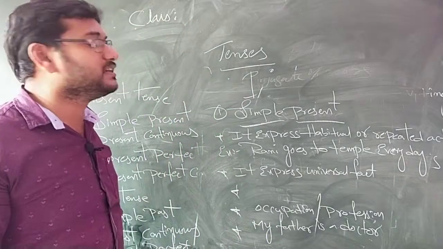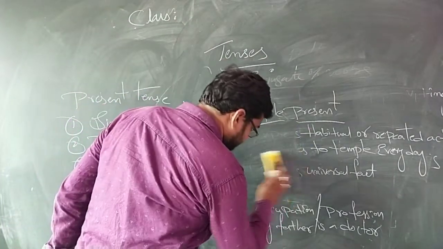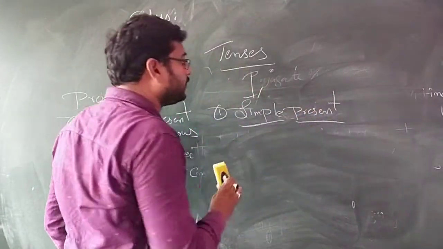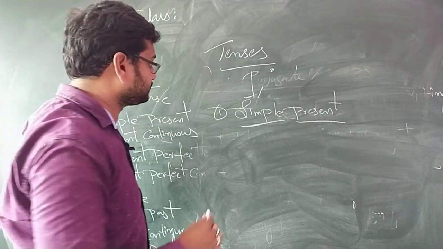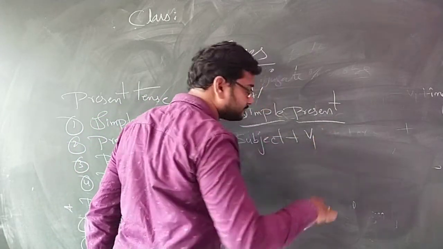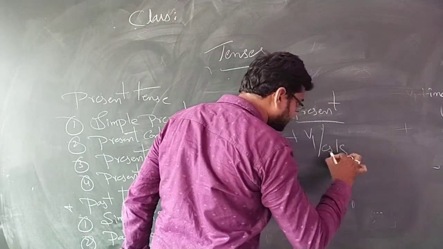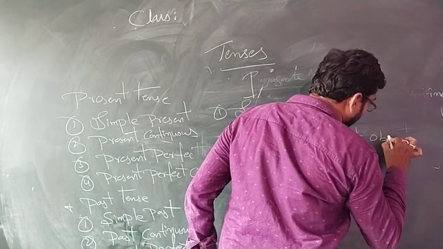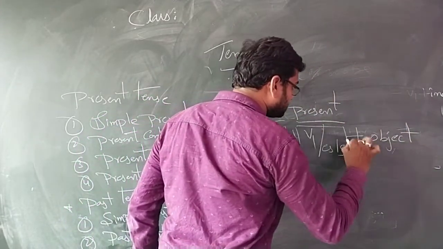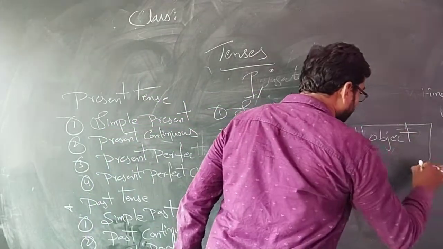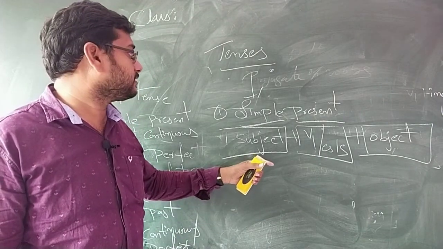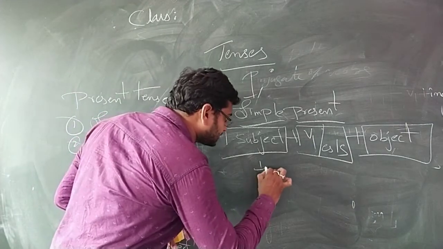Now let us see the structure of simple present. What is the structure of simple present? Subject plus V1 or V1 plus ES plus object. Subject plus V1 plus object. Let us have some examples for simple present. I is a subject.